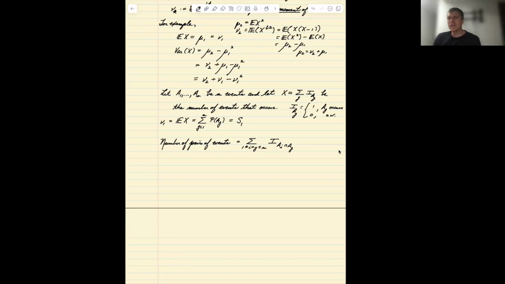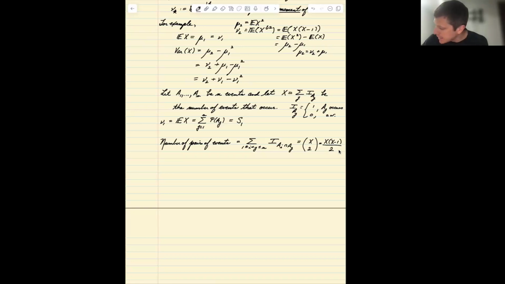The number of pairs of events to occur is, well, whichever events occur, then you have to take pairs, right? So it's X choose 2. X choose 2 is X times X minus 1 over 2.